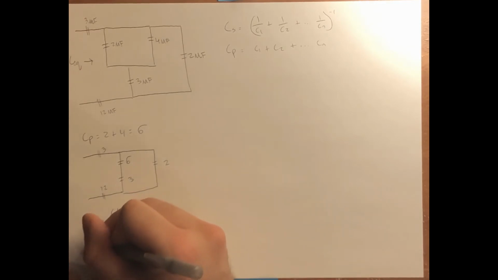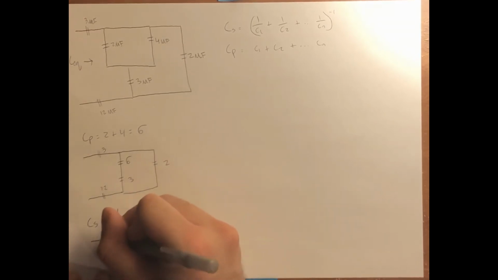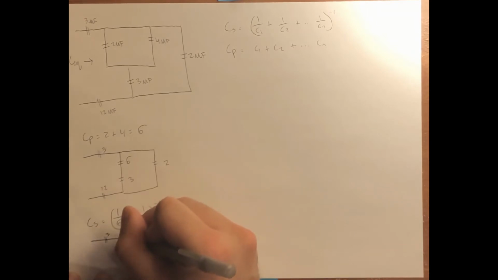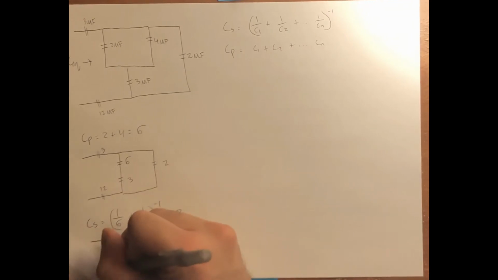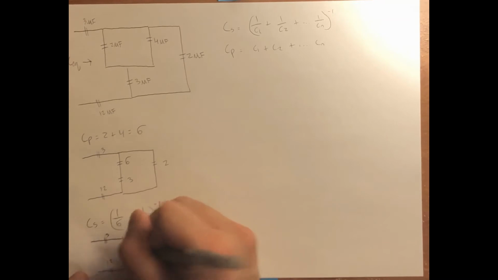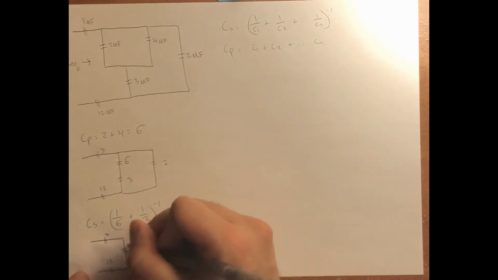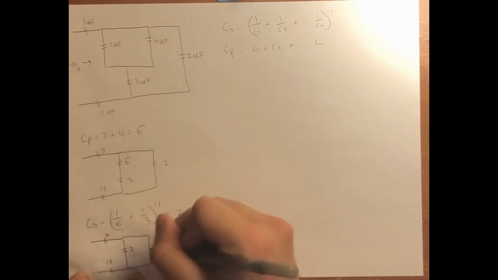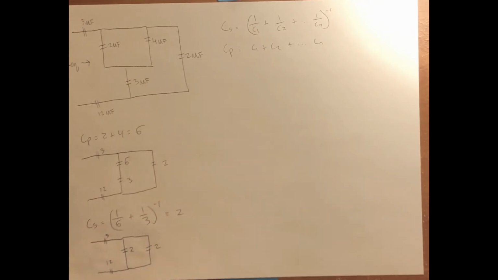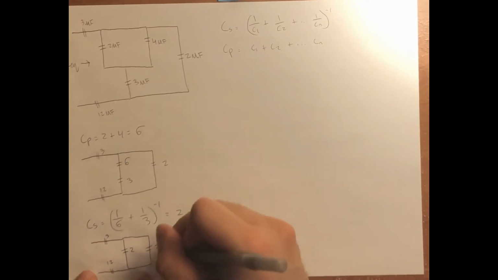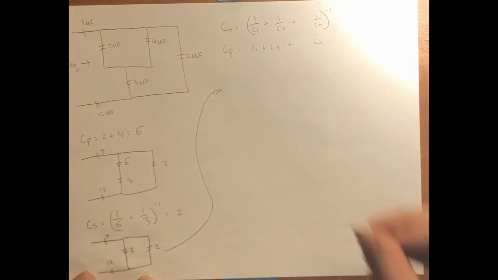It becomes the circuit here where we have 3 to 12. These become 2, which we just calculated, and then we have 2 across. Now let's look over here.